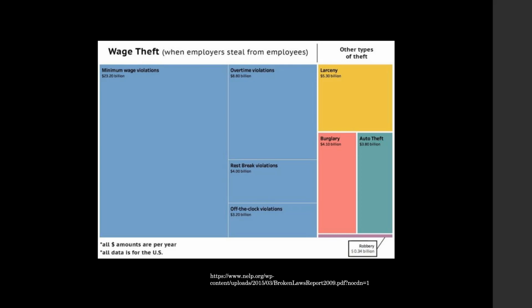Then we can look at something like auto theft, which is 3.8 billion, or burglary, breaking into someone's house and stealing something, 4.3, or other larcenies, which are other types of theft, about 5.3. For each of those four categories, if we focus on Raleigh, North Carolina, there would probably be a separate division or investigative unit handling burglaries, auto theft, larcenies or robberies.